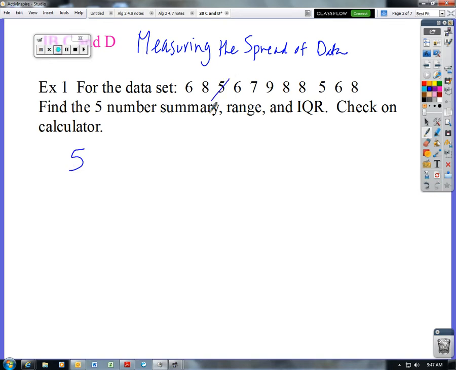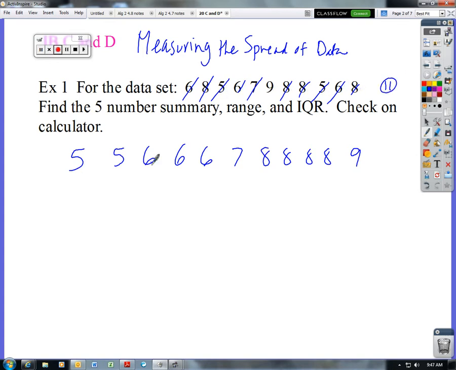So we've got 5, another 5, a 6, let's see, 1, 2, 3 6s. I've got a 7. I've got 4 8s, 1, 2, 3, 4, and then a 9. And I always double check and make sure I at least have the correct number of data. So I've got 11 here.